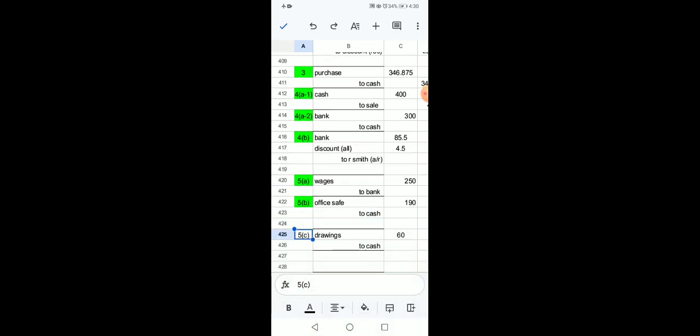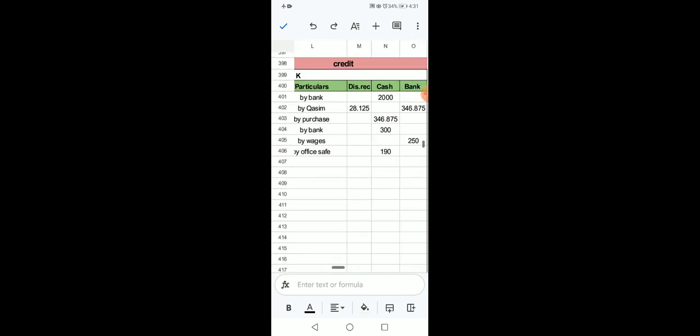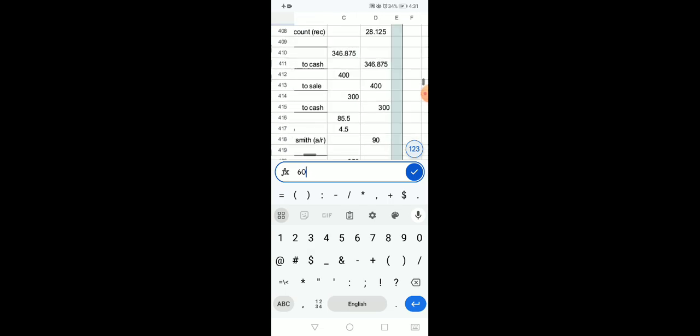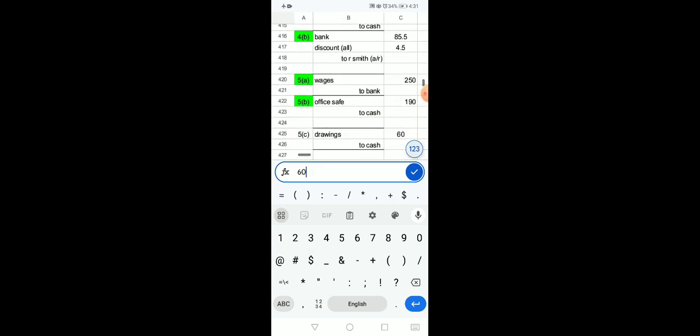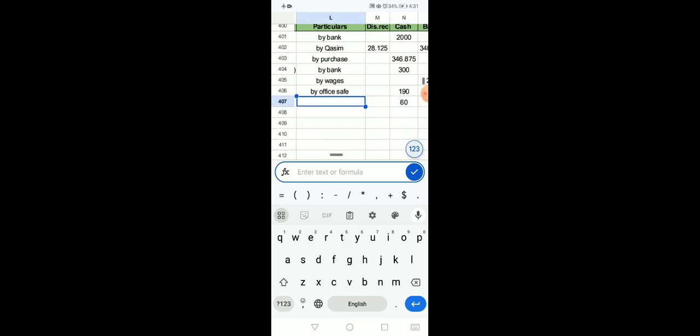Now we are at the 5C entry, where there are two elements but only one element is associated with the cash book, that is cash. Cash is credited by 60 rupees. So go to the credit side of the cash and write 60 in the cash column of the credit side. See its reference. What is written on the opposite side of cash? That is drawings. So you will write "by drawings" in the particular column.